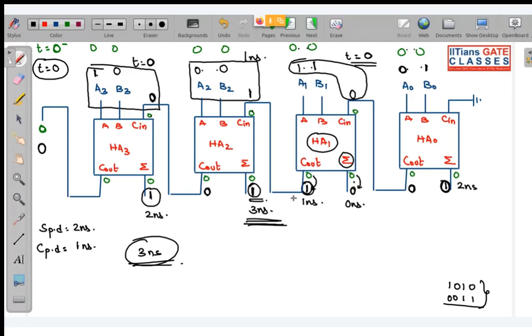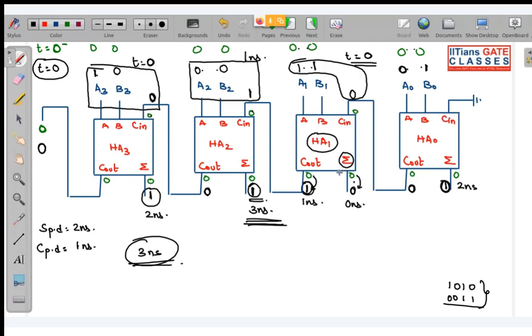Suppose this C out 0 would have been 1, then definitely the sum would be 1, and this one would have taken 2 nanoseconds extra.